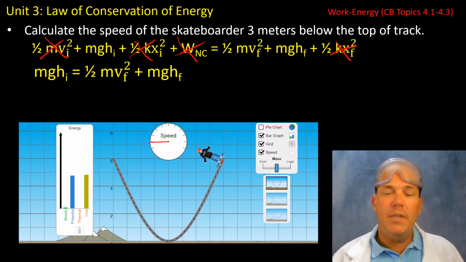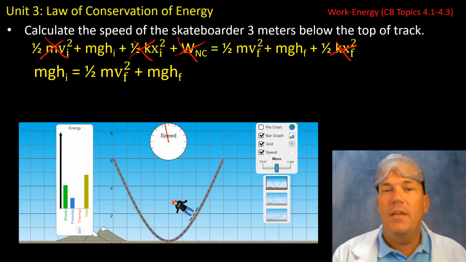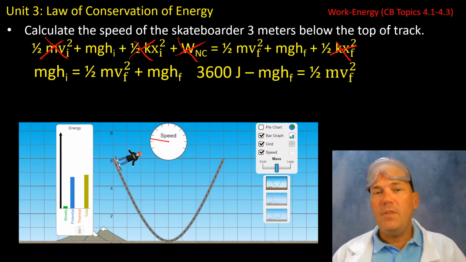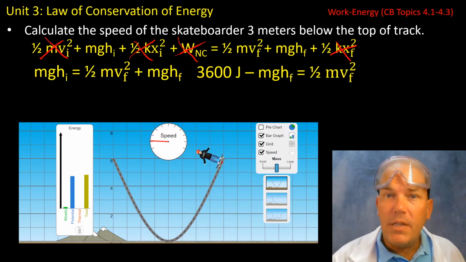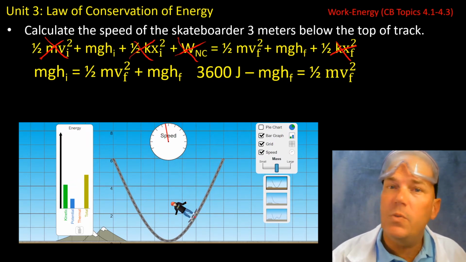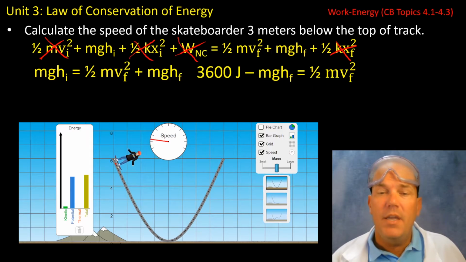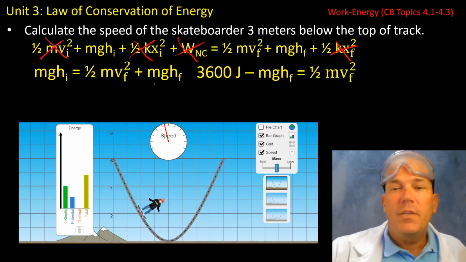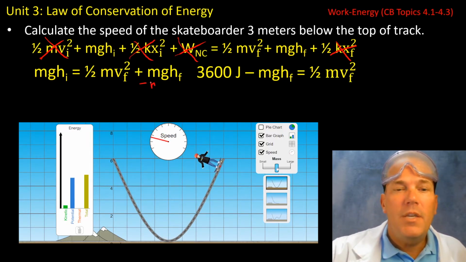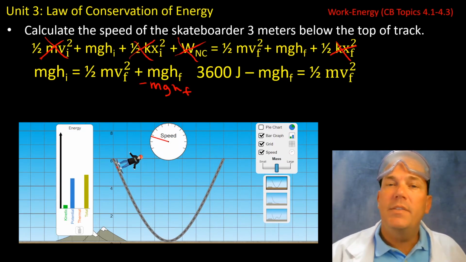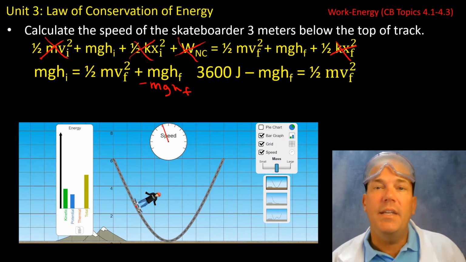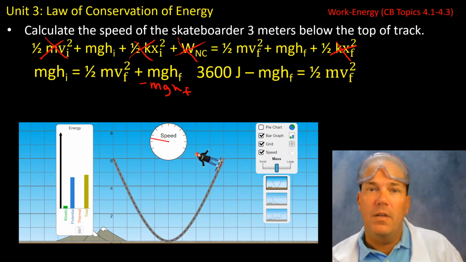So now all we need to do is fill in values. So we could look at our total energy, which we've calculated to be 3,600 joules. That didn't change. And we can now subtract MGH final from both sides. If you're wondering where this all of a sudden ended up on the left side, it's because I'm isolating to solve for V final.